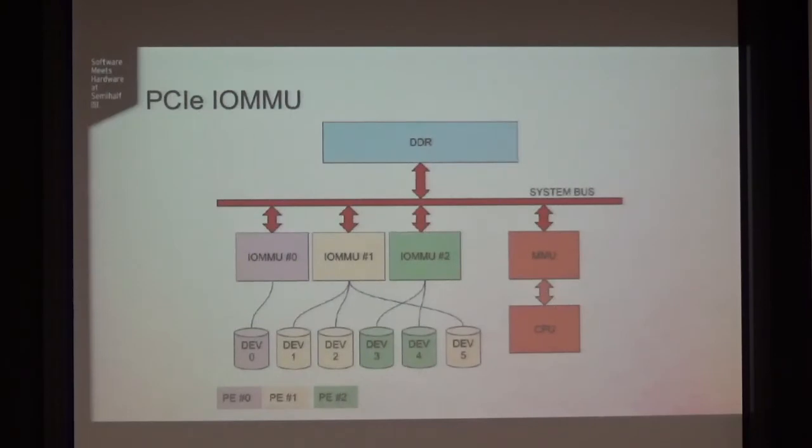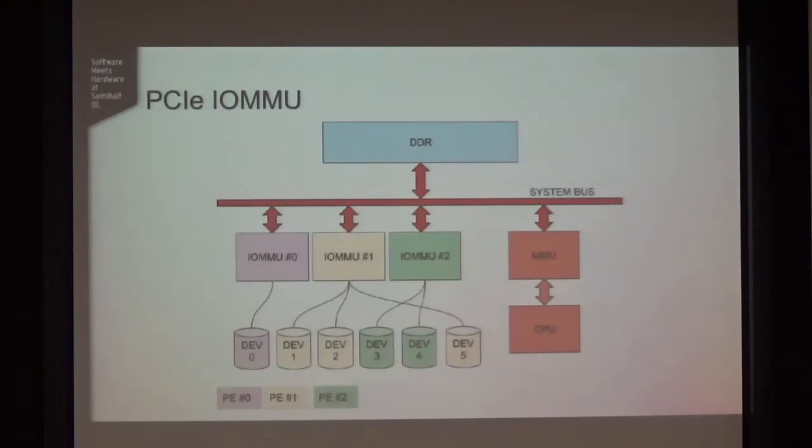So if a PCIe device wants to access the DDR during a DMA transaction, this request can be translated and routed to maybe some other part of memory, or blocked if the transaction is not supported, or you can do anything.